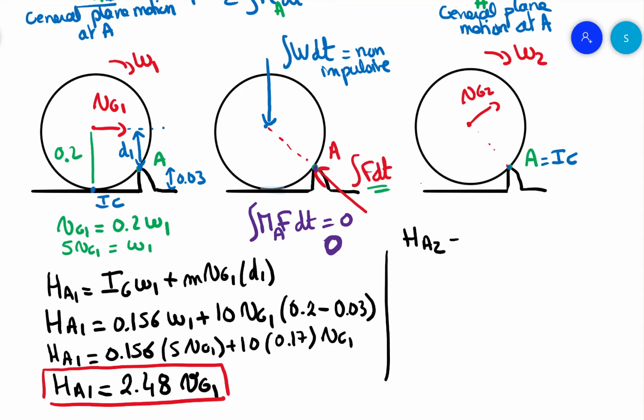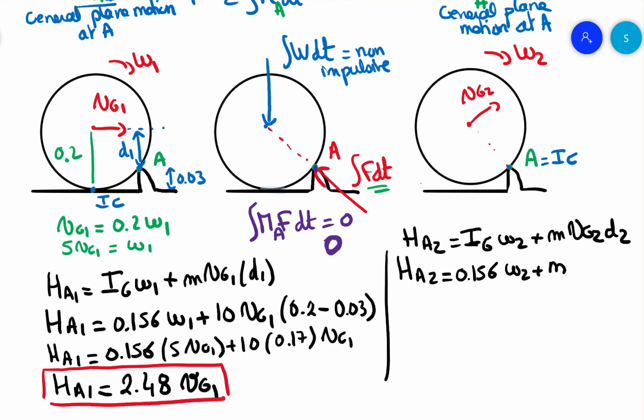HA2 is equal to IG omega 2 plus MVG2 D2. General plane motion, so we need to include the rotation and the linear velocity times the mass and times the minimum distance. So HA2 is equal to 0.156 omega 2 plus the mass times VG2 times D2.